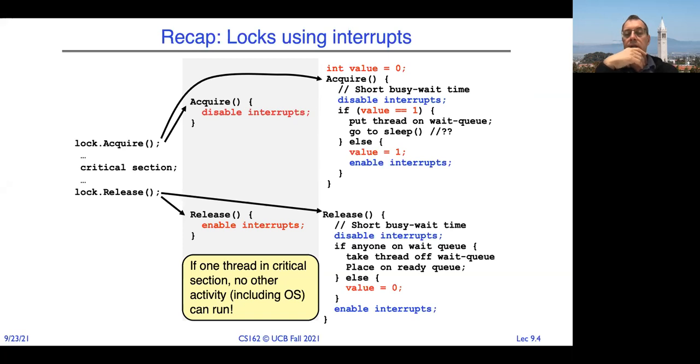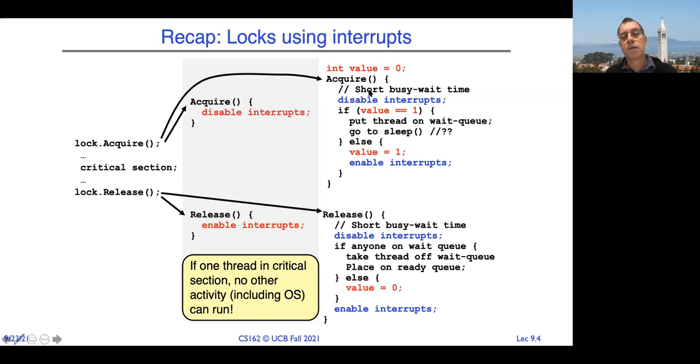Release enables the interrupts. But this was very dangerous: if you call acquire at the user level, and you have a very long critical section, or you make a mistake and have an infinite while loop in it, then your computer will hang. You can't do anything about it. The only thing probably is power off, power on.